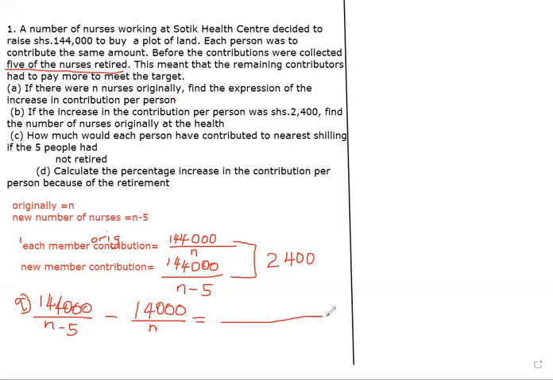So we say the LCM here will be n into n minus 5. So we ask ourselves, how many times does n minus 5 go in? N minus 5 will cancel n minus 5, so we'll have there 144,000 n.